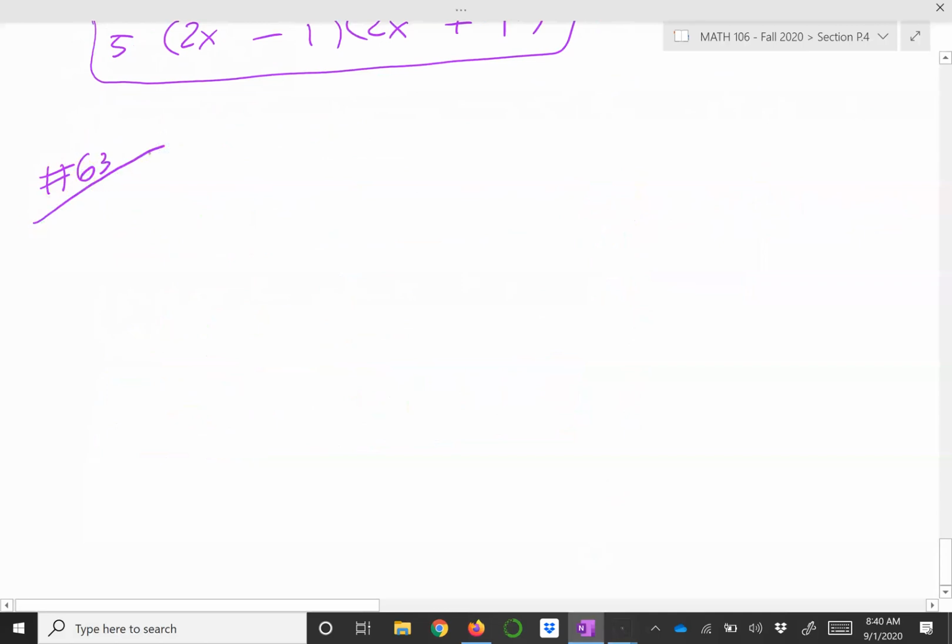All right, 63. So we have 49x squared plus 42x plus 9. Okay, so this is in a section that says factor each polynomial as a perfect square, okay? So if you recognize, again, that you could take the square root of 9 and get a 3. Same thing here.